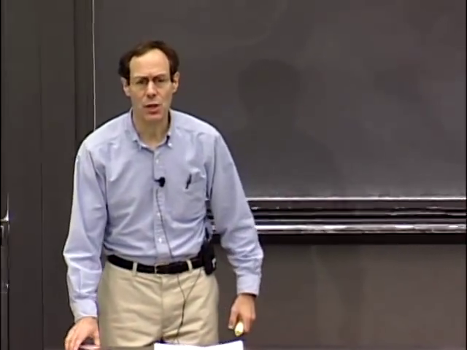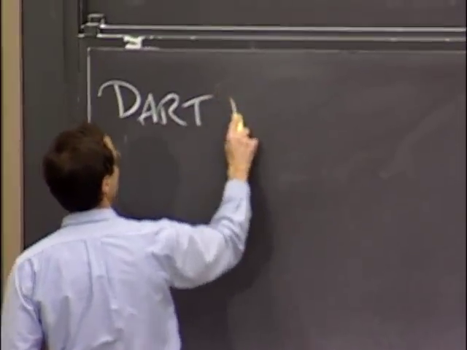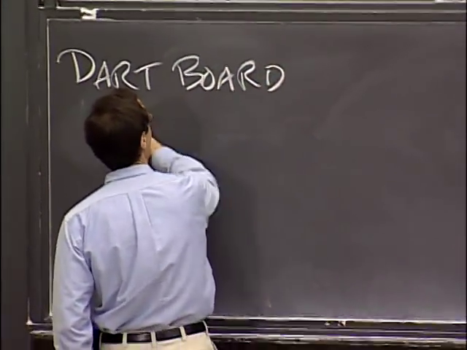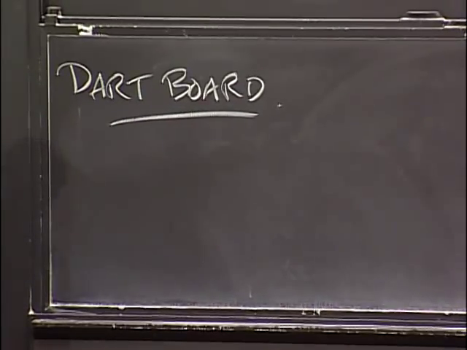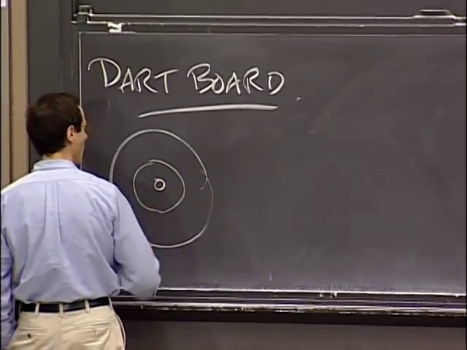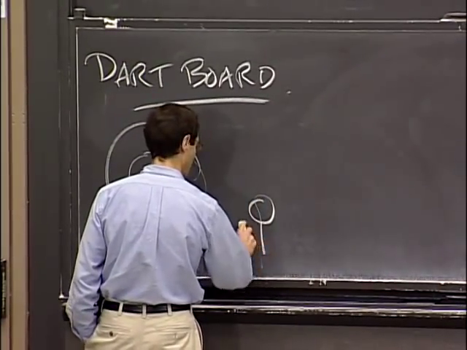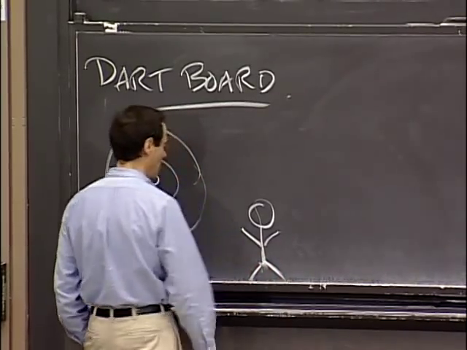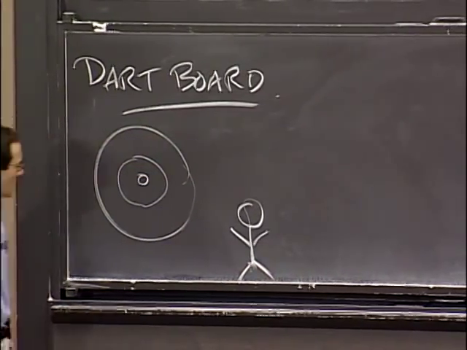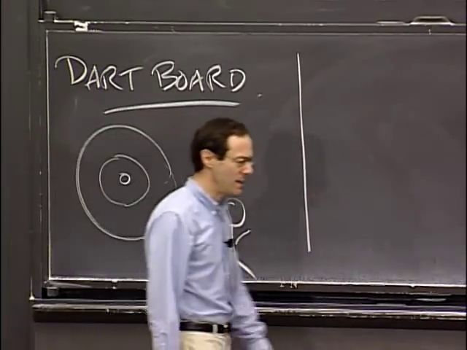Now, the example that I was starting to discuss last time and that I'm going to carry out today is the dartboard example. We have a dartboard, which is some kind of target, and we have a person, your little brother, who's standing over there, and somebody is throwing darts. The question is, how likely is he to be hit?